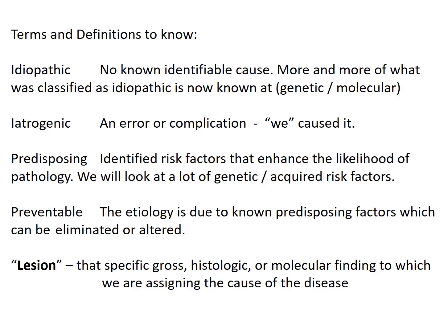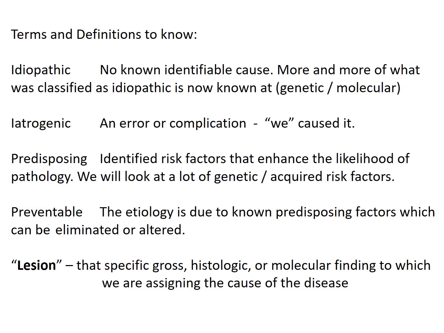All right, let's get into some terms and definitions that we need to know. I'm not going to read through all this just to save time, but I want you to understand the definitions of idiopathic, meaning we don't know what the cause is, right? A lot of disease is classified as idiopathic. We know you have this disease, but we don't know why. Many individuals have a seizure disorder, and you have no idea why they're having seizures.